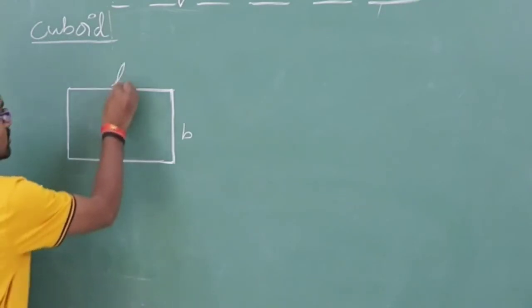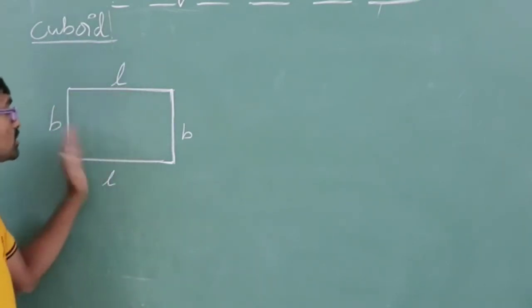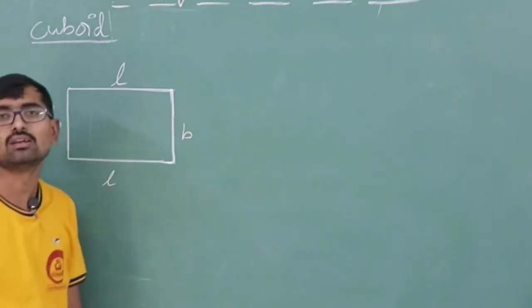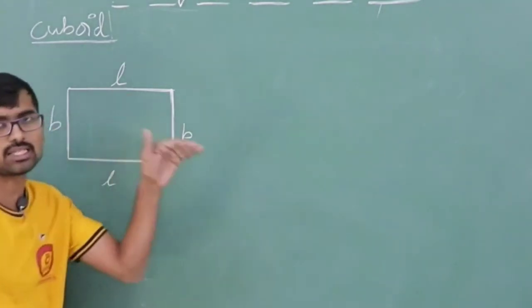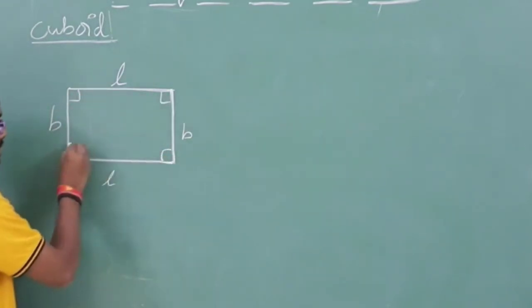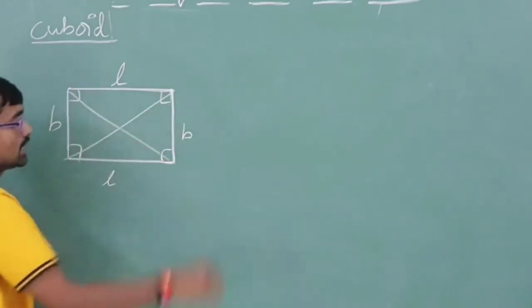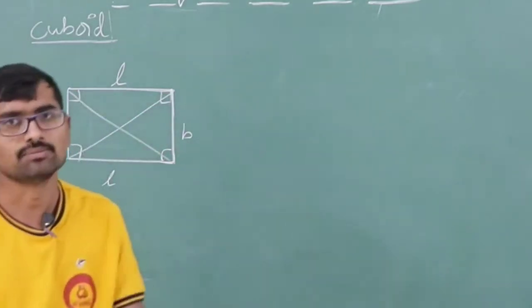Two opposite sides, the parallel sides, are equal in the rectangle, all the angles are 90 degrees, and the diagonals are also equal.